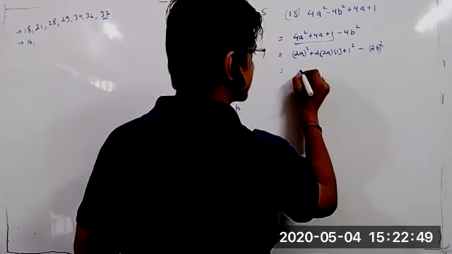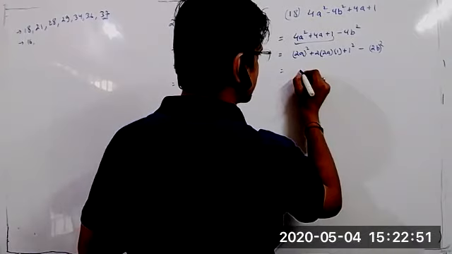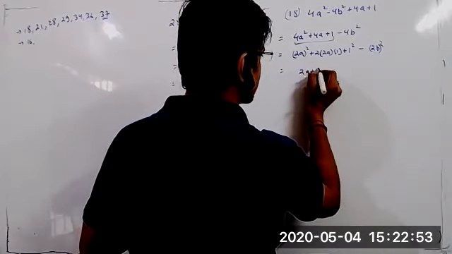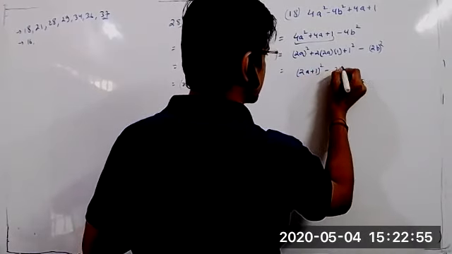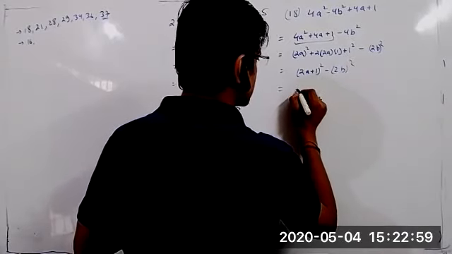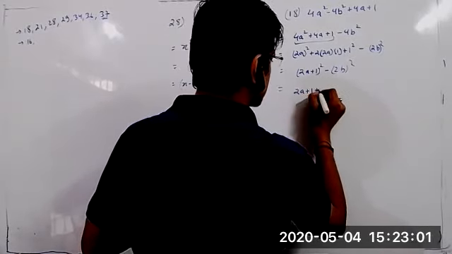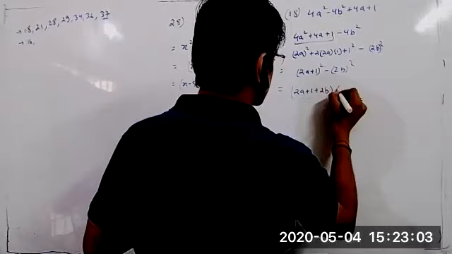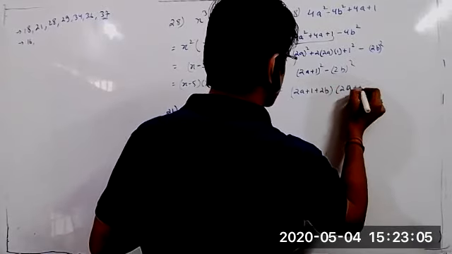That becomes 2a plus 1 whole square minus 2b whole square, which is 2a plus 1 plus 2b into 2a plus 1 minus 2b.